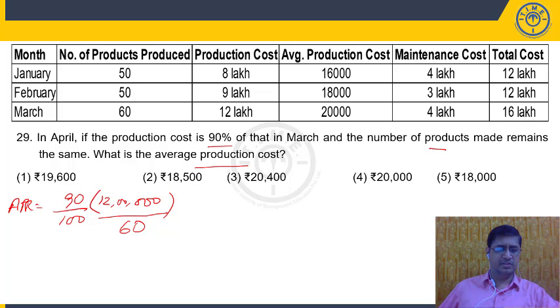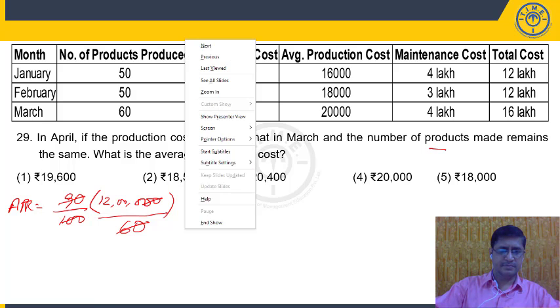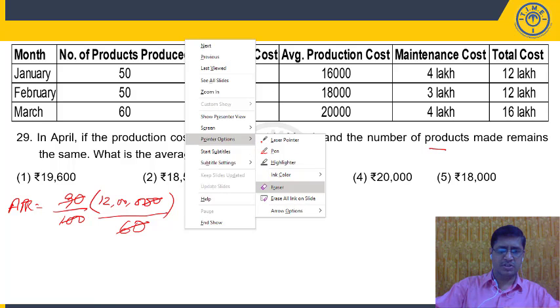So what is the value here? Simplify. So 2 zeros, and here 0 to 0 cancel. I will do one thing here. I will leave 90 as it is. Wait for 1 minute.